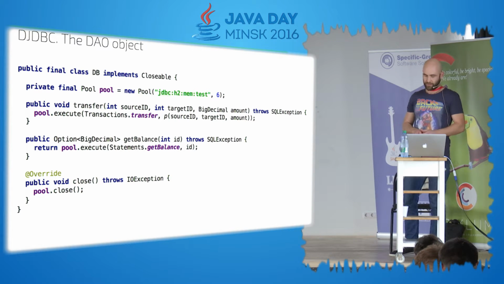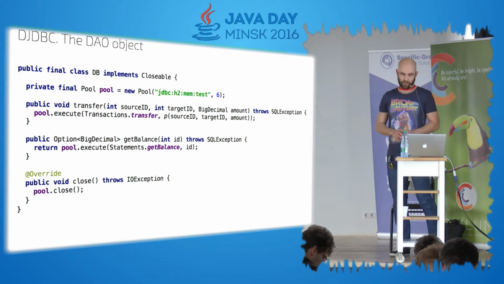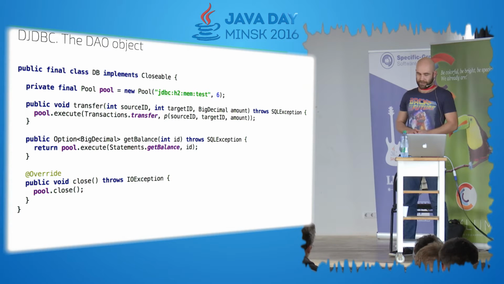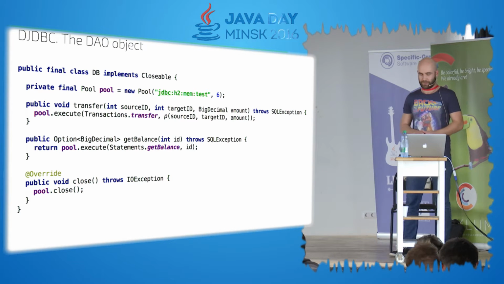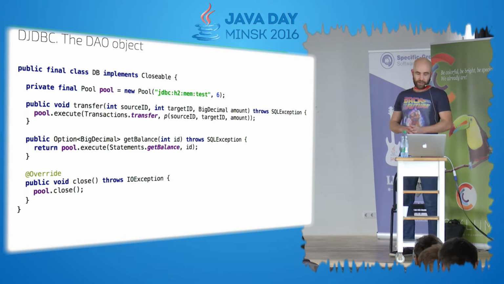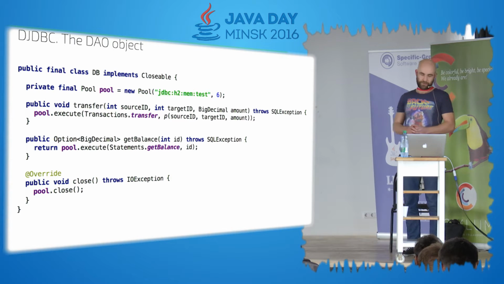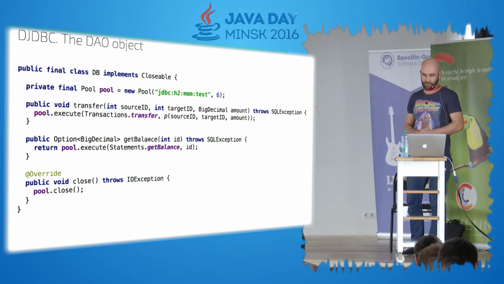And there we use the pooled abstraction, which simply establishes a pool of connections, and we specify how many of them we would want. And then we just specify a few simple methods which wrap the execution of transactions or statements that we had.